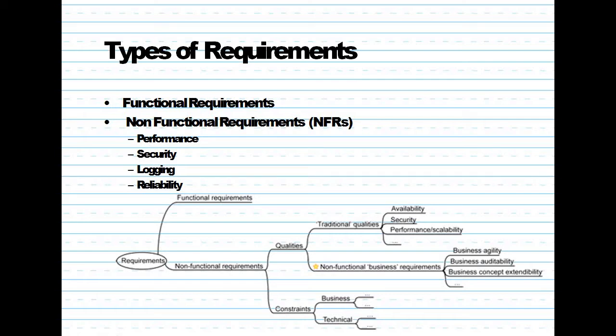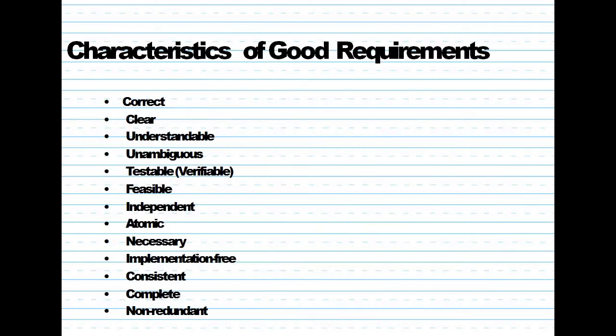So, we can say the requirement consists of two types, that is functional requirement and non-functional requirement. The non-functional requirement is based on performance, security, logging and reliability. Now, characteristics of a good requirement. First, it should be correct. It should be clear.